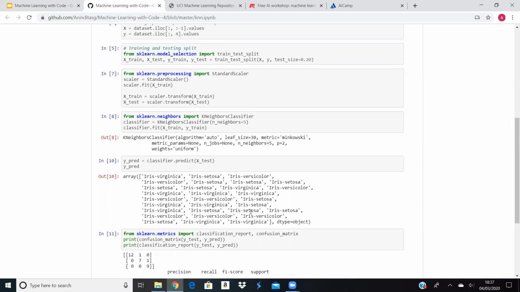And right now, it doesn't make a lot of sense for us because we don't know what class of iris it should be, iris virginica or iris versicolor.